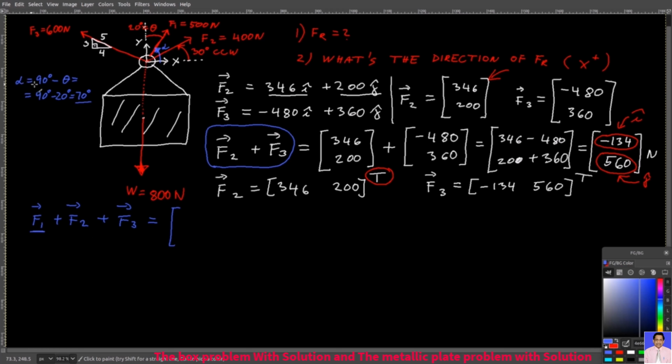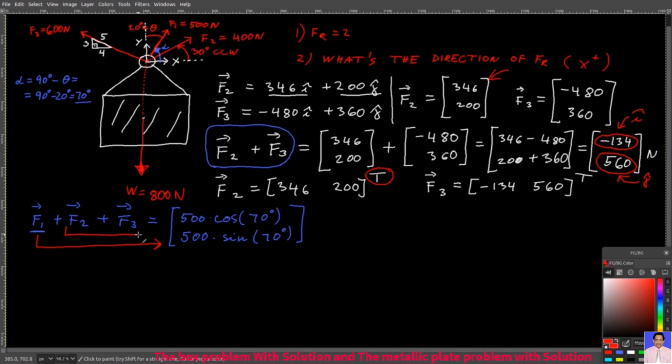Since I know alpha, which is the direction of f1, and I know its magnitude, I can write 500 times cosine 70 degrees, that would be its x component, and 500 times sine 70 degrees, that would be its y component. So that's f1.